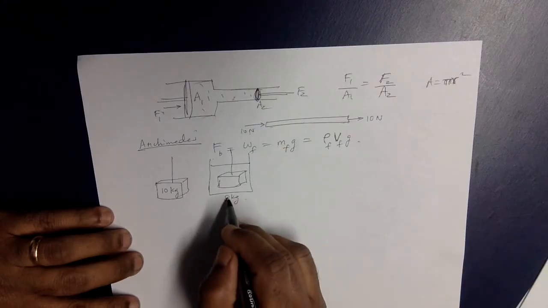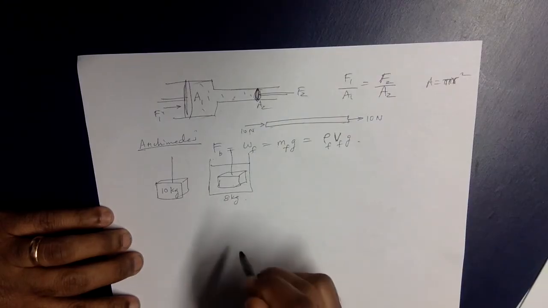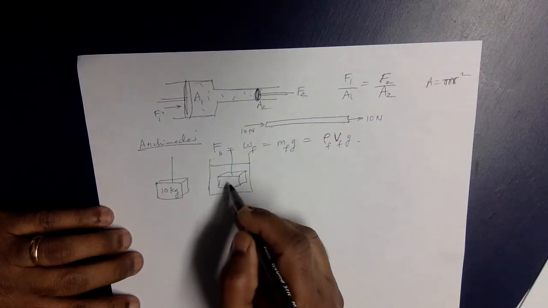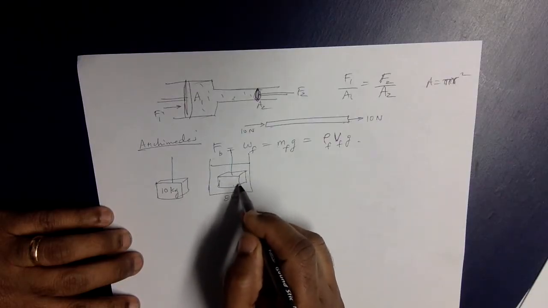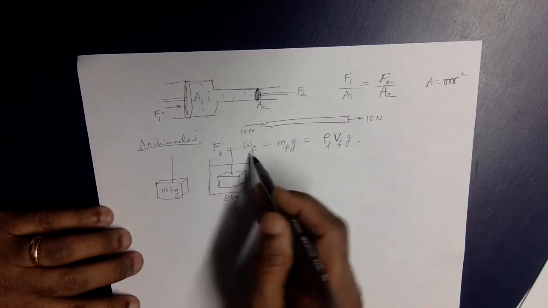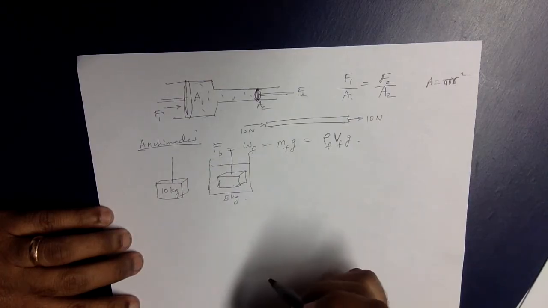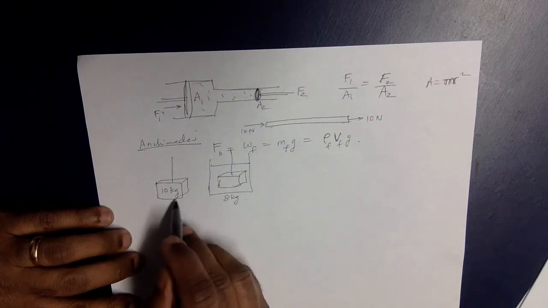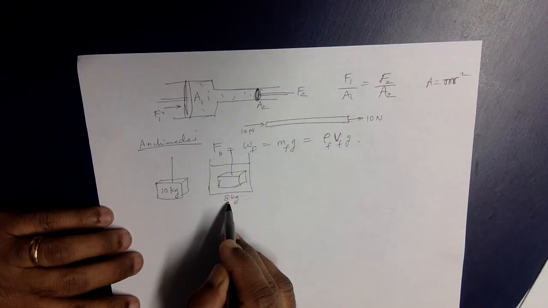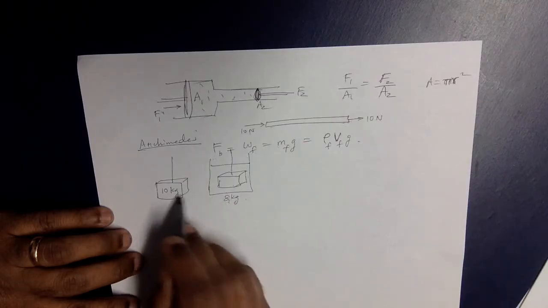So if it is weighing 8 kilograms in a liquid, that means immediately we can understand that the buoyant force was definitely coming into play, and according to buoyant force, it is equal to the weight of the fluid displaced, and in this case we are talking about masses. So how much mass of fluid was displaced is the difference between these two.